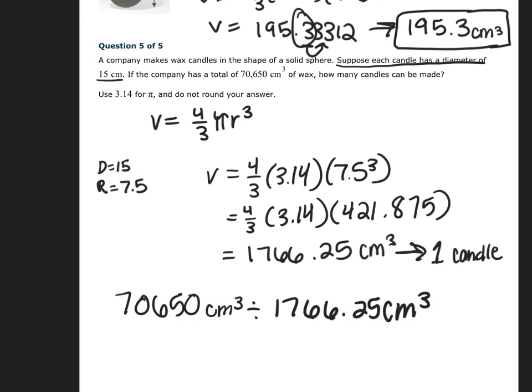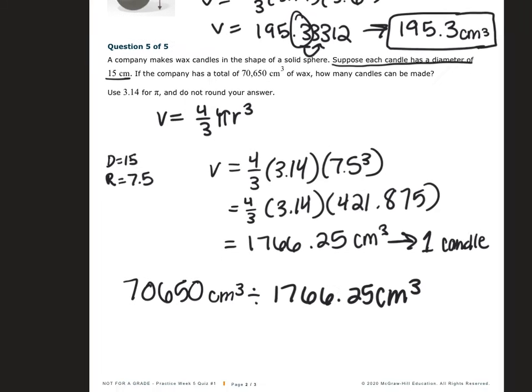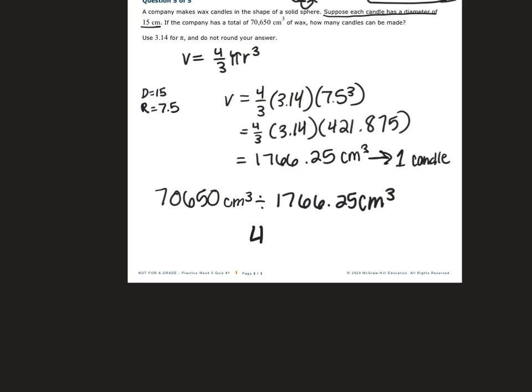So to find out the total number, we have to do the reverse of that multiplication, which would typically be the per. We're undoing that, so we'll be dividing. And when you type that into your calculator, you should get out 40 even, meaning that is how many candles you will be able to make. Great job, everybody.